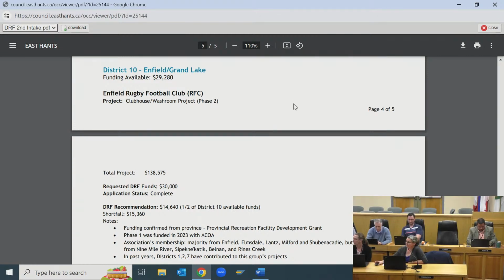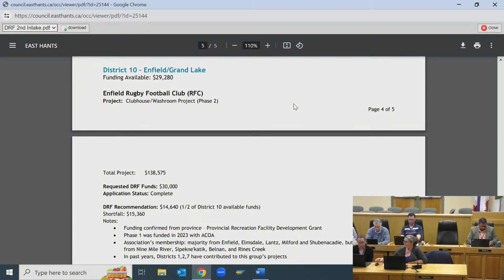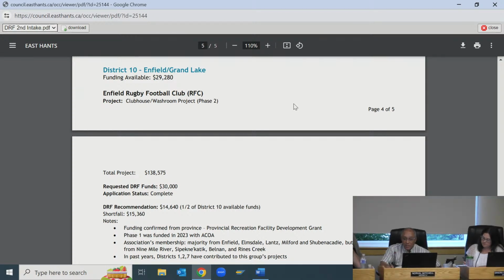I want to give 8,000. Taken in by staff. Councillor Norval Mitchell. Shortfall, 7. I'll give the additional 7 to complete that project.